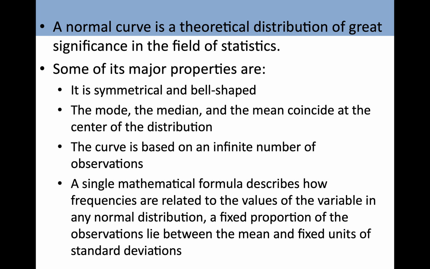A normal curve is a theoretical distribution of great significance in the field of statistics. And we're talking about normal curves right now with the coronavirus. We were talking about lowering the curve. What we were trying to do was reduce the number of people that had the disease.